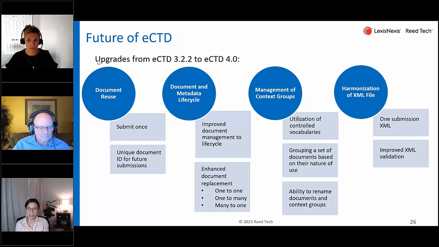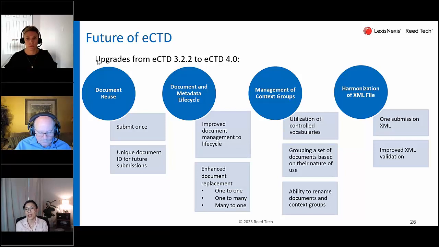What they've enhanced here is you can replace one document with one easily. You started with one document and now you have multiple, because it makes sense to have it in a granular fashion. You can replace that one document with many documents, or you could take many documents and consolidate them into one. That was not an ability in the former, and that's now going to be an enhancement in 4.0.